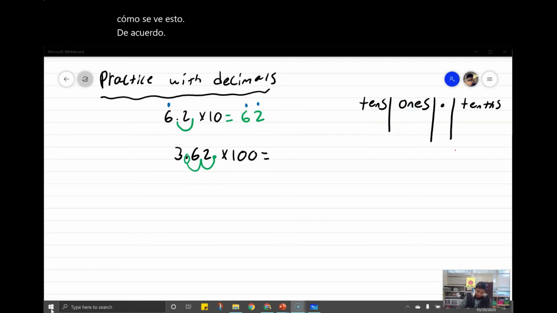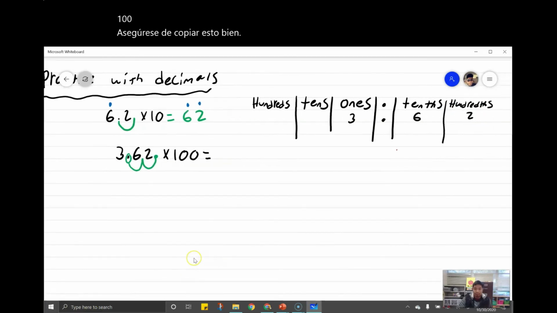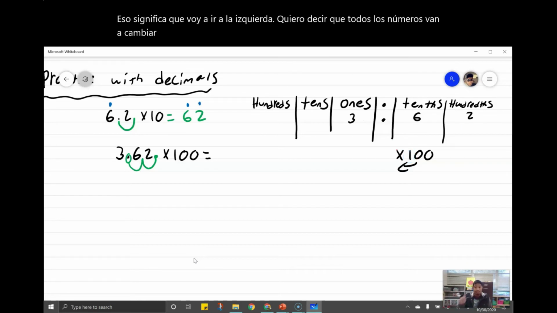So I had, oh, let me put hundredths right here. Okay. So I had 3 and 62 hundredths. Make sure you copy this down, okay? Okay, 3 and 62 hundredths. Because I multiplied by 100, that means I'm gonna go to the left. All the numbers are gonna change to the left side. How many times? 2.